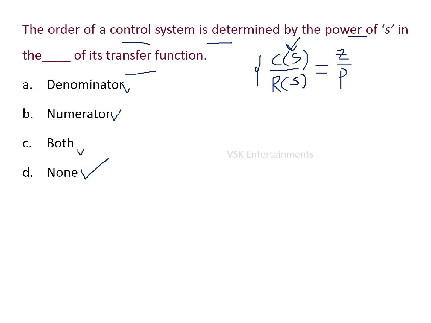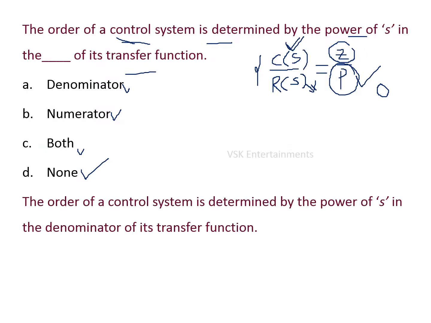By equating numerator to 0, we are going to get the number of zeros of a system, and by equating the denominator, that is R of s is the denominator, we are going to get the number of poles, and this number of poles represents the order of a system. So the denominator represents the order of the control system.